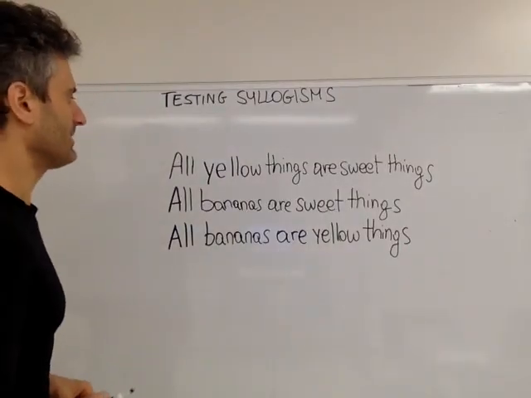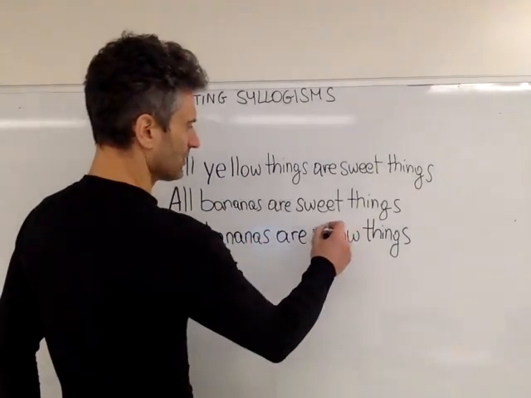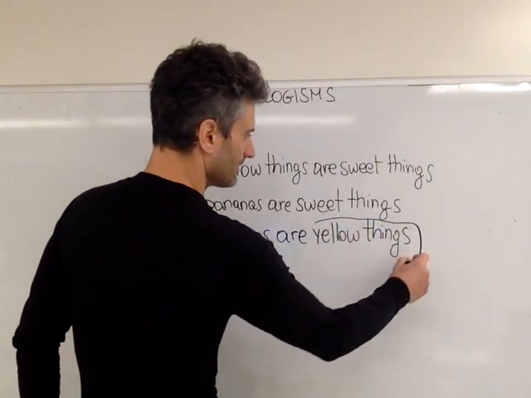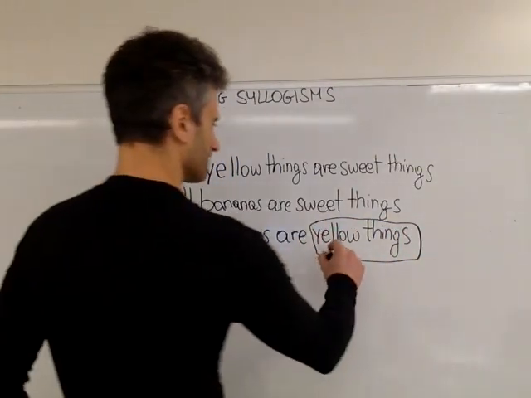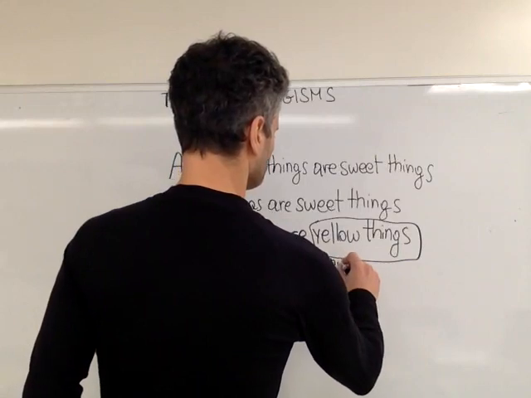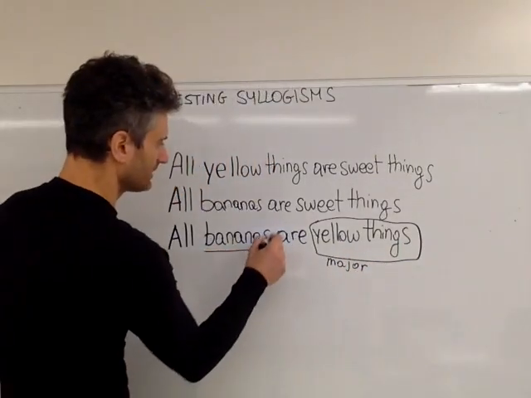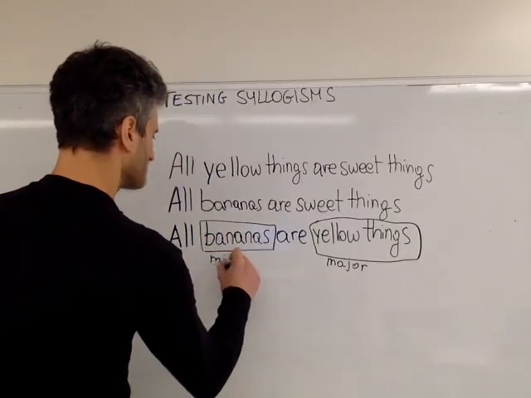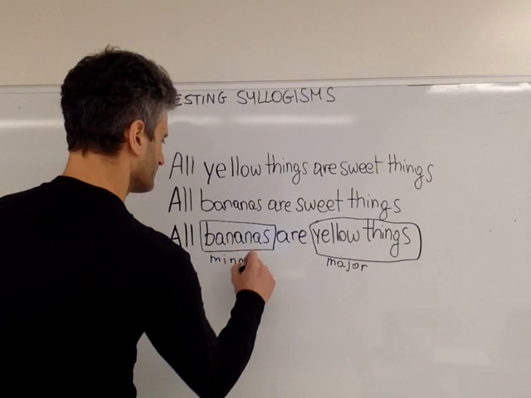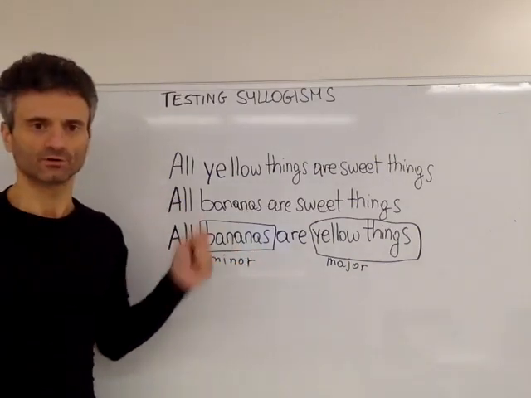Another requirement is that the major term is always the predicate term of the conclusion. This is the major. And the minor term is always the subject of the conclusion.